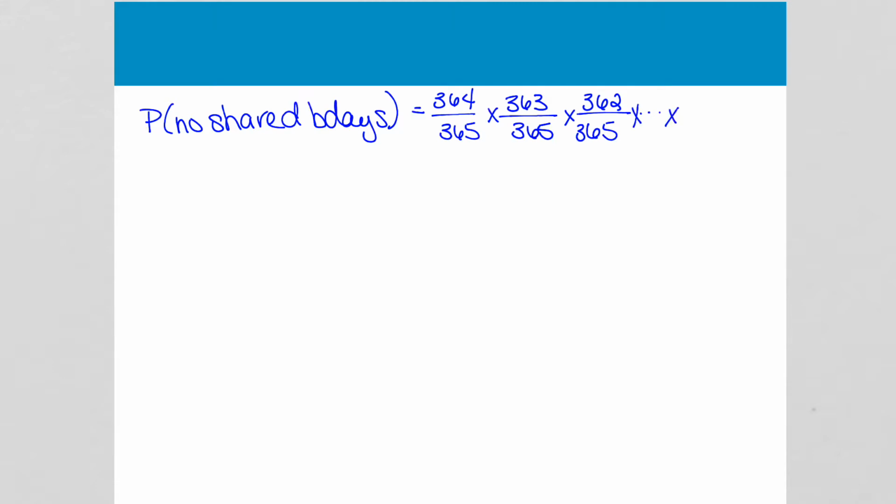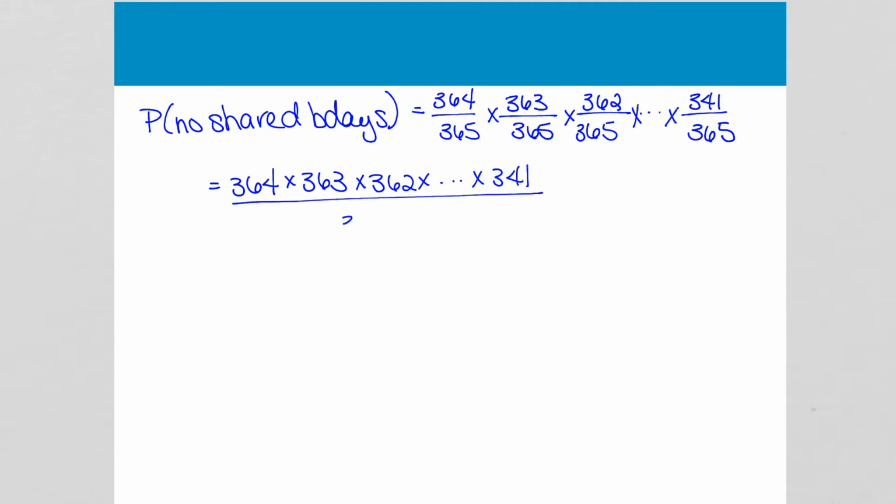Now that's a lot of ones to go on, but we know that there's only 25 people in here. So that would go down to 341 out of 365. So it's 364 times 363 times 362 times all the way down to 341 over 365 multiplied 24 times.